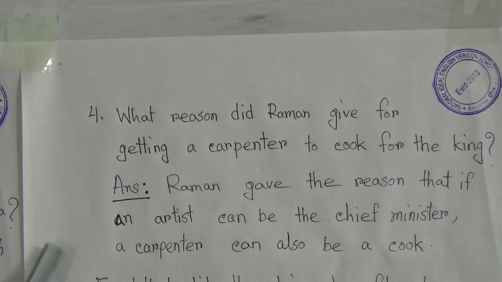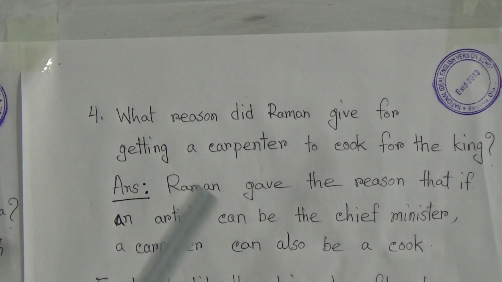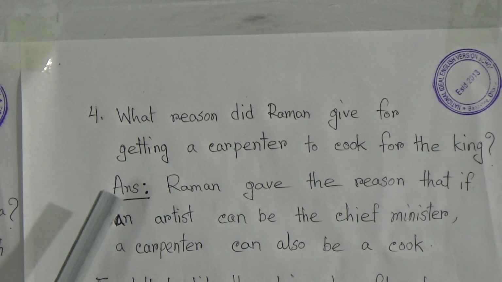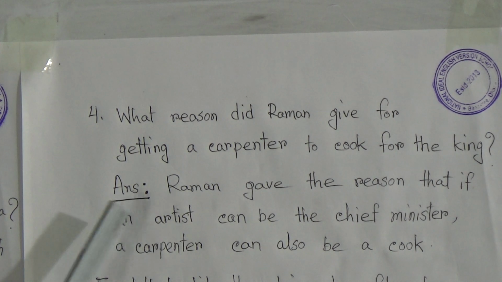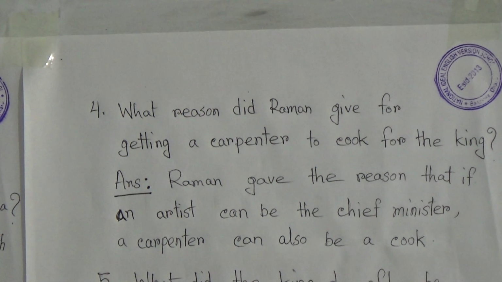In the story, the king got very angry eating the food served by Raman, and the king asked why he would appoint a carpenter to cook the food, because a carpenter is a person who works with wood and furniture. Then Raman answered that if the king could appoint an artist to be chief minister, then why can't a carpenter be a cook?